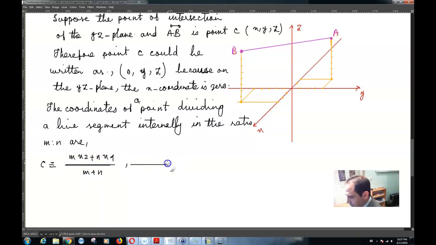Then you have m times y2 plus n times y1 over m plus n, and m times z2 plus n times z1 over m plus n.